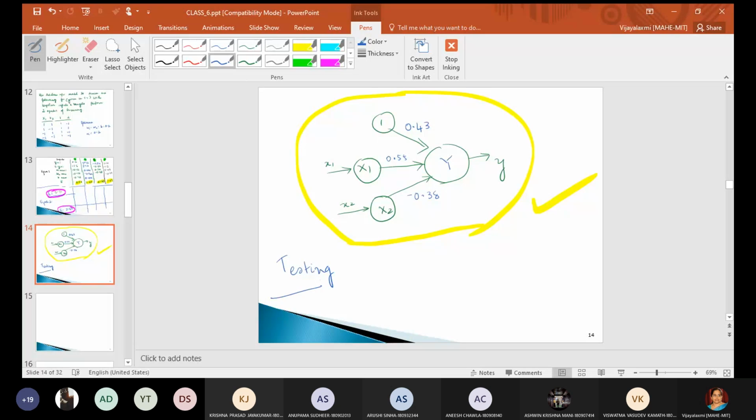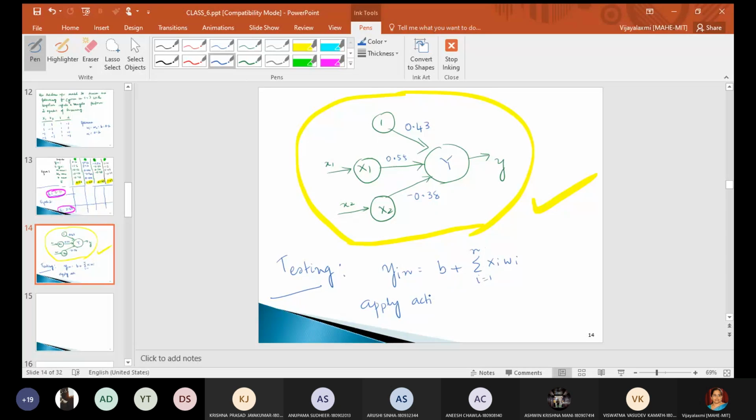How do we test whether a given model satisfies the function given in the truth table? This is basically called the testing algorithm. How do we do that? Calculate y_in, which is b plus the weighted sum of x_i w_i, for i equal to 1 to n. After you calculate this, apply the activation function.